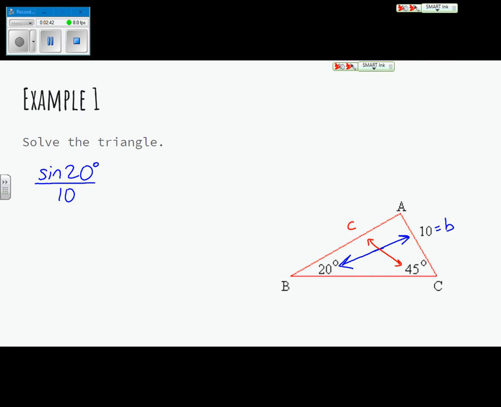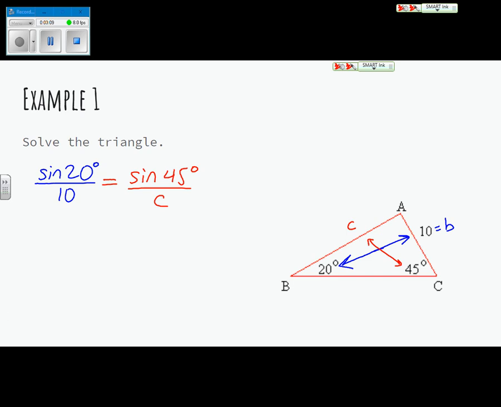If I plug this into the law of sines, it'll tell me what the side is across from this 45-degree angle, and so that's what I want to do. So I won't ever be using all three of the law of sines, A, B, and C. I'm just going to be using two at a time, whichever one strikes my fancy that I can use to solve.